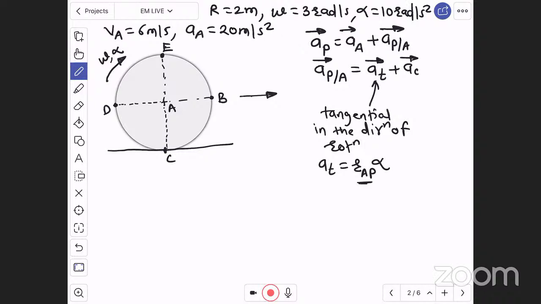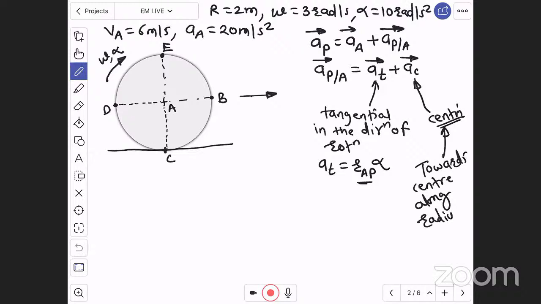And acceleration AC is also called centripetal acceleration, and this is towards the center along the radius, that we have seen, right?